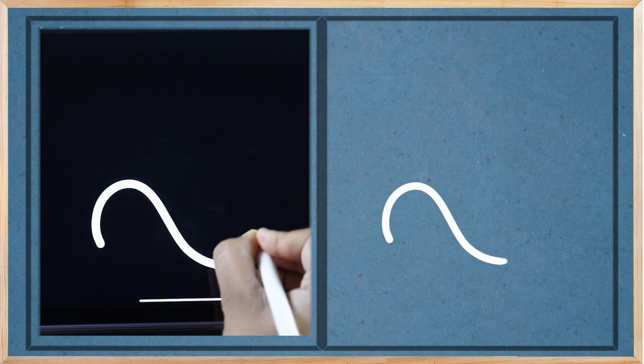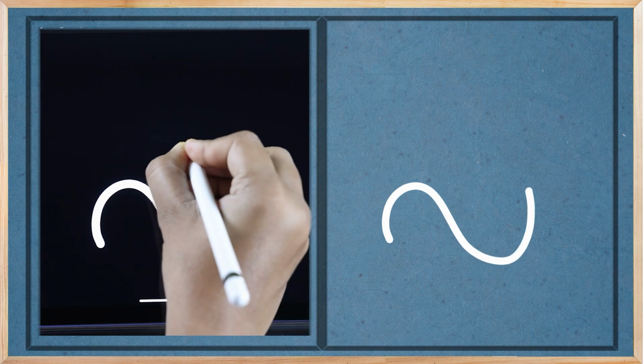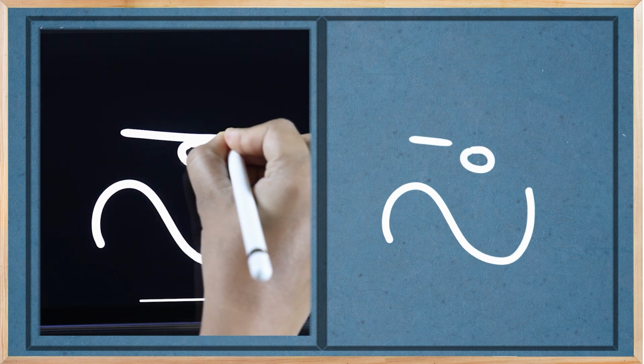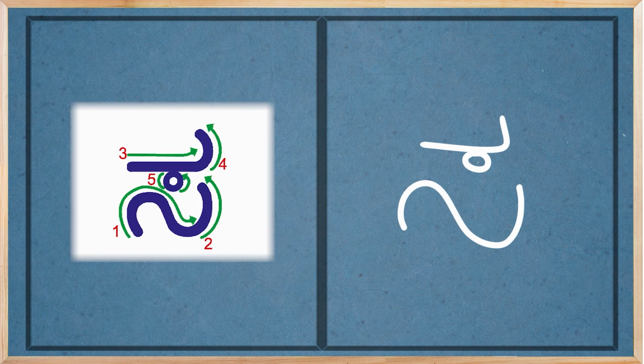It is pronounced as Na in Devanagari. Here's a pro tip. Pay attention to the arrow guides and follow the natural flow of the hand to form the letter correctly. Sa. To write Sa, begin with the shape of the letter Na and then add a semicircle beneath the Talekattu.